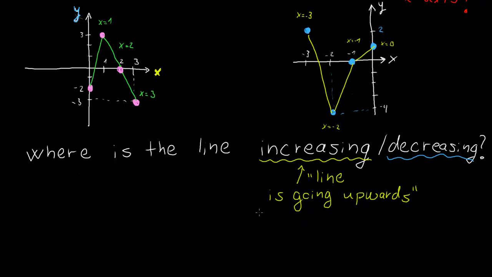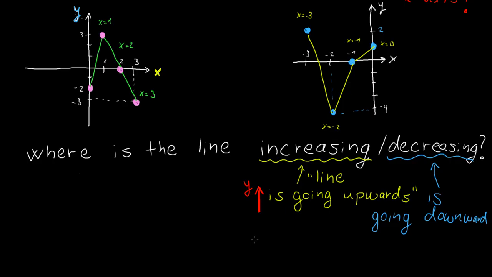Now, when is it decreasing? The function is decreasing when it's going in the negative, so this is going downward, or in other words, in the negative.